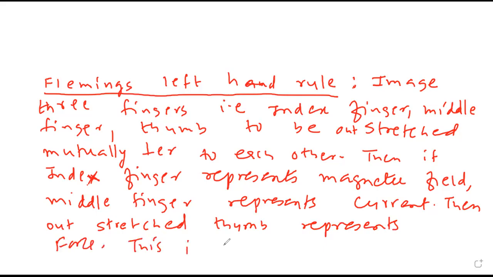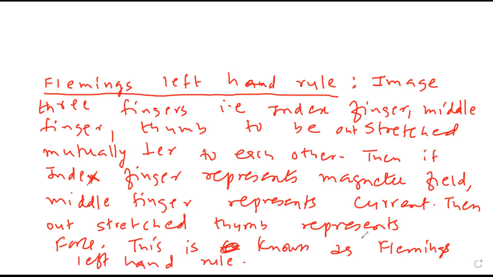This is known as Fleming's left hand rule. Right, full. Index finger, I will show them with a diagram. Index finger field, middle finger current, thumb is the force.